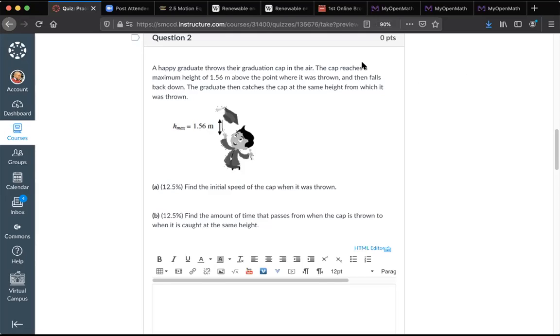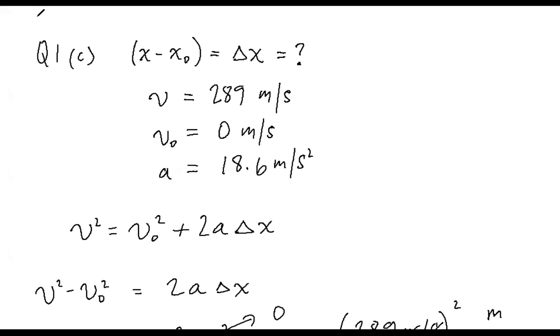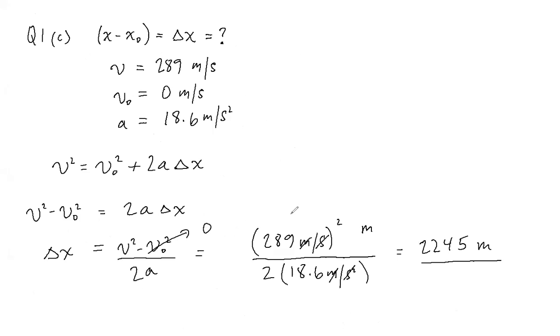Okay, so let's take a look. All right, so question 2, part A. So they're asking us for the initial speed of the cap when it was thrown.